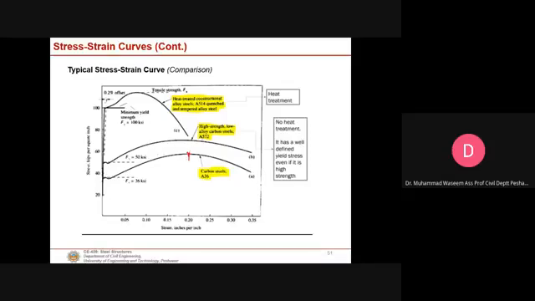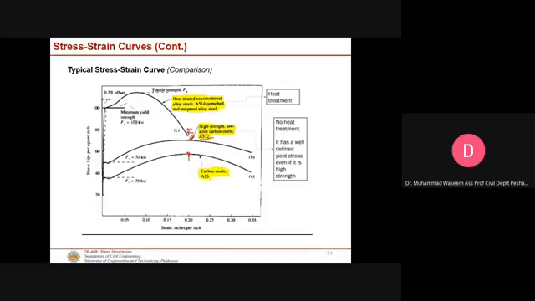And if you use A572 designated steel, which is a low alloy carbon steel, it will have a slightly higher Fu value compared to the A36 steel. The yield strength of A572 steel will be more than A36 steel.